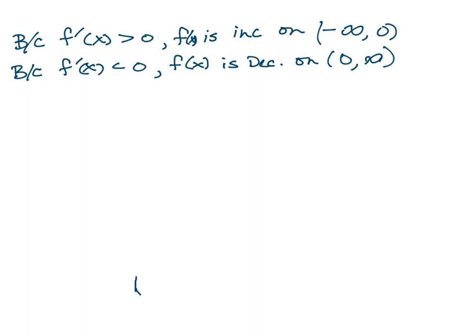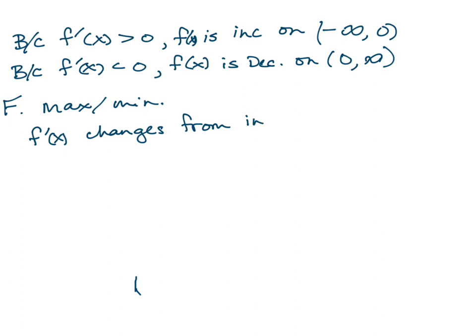Okay. So we found intervals of increasing, decreasing. Letter F wants to know, well, then what are your max and mins? How do we know? Set the derivative. We did. We just found it. F prime of x changes from what? From increasing to decreasing at where?